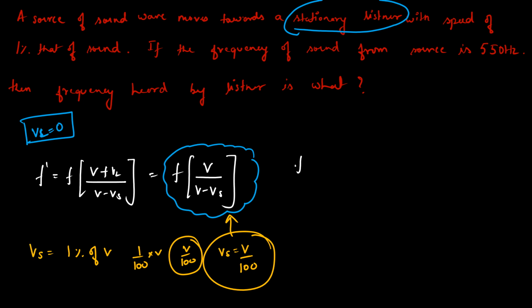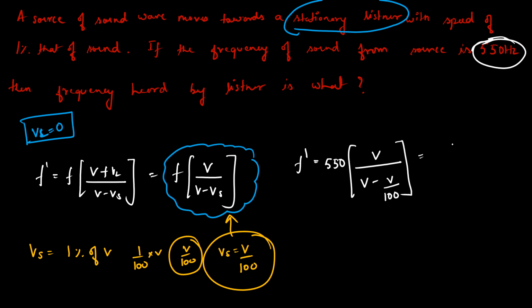So what is the value of f dash? F dash is f multiplied by V, divided by V minus V divided by 100. What is f? F is 550. Now I have to solve this one. So again it is 550 multiplied by V, divided by (100V minus V) divided by 100.